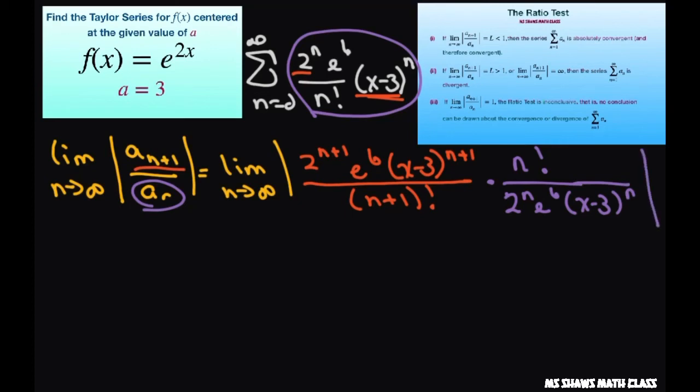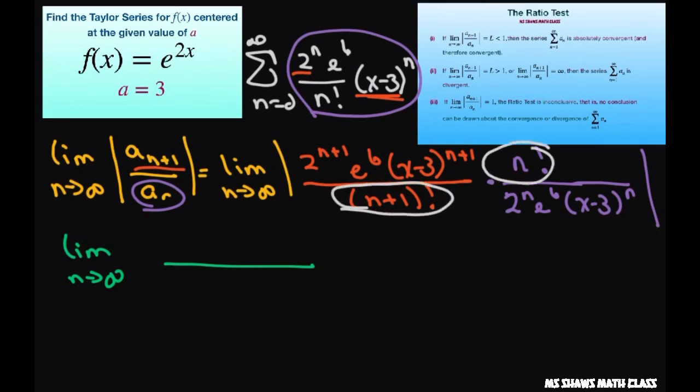All right, now we can simplify all this. Most of it is pretty simple. Let's look at this piece. This is n factorial, and I can expand this to write n plus 1 factorial as n plus 1 times n factorial. So that cancels out, and I get n plus 1.